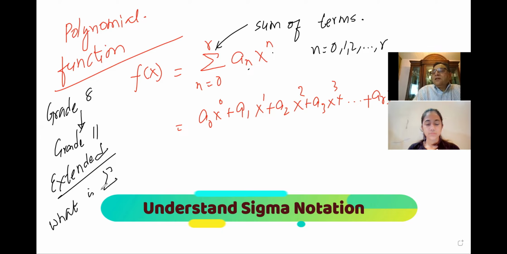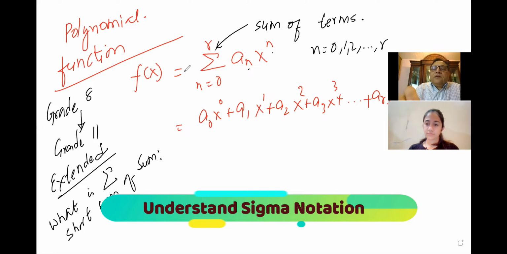You understand sigma? Sum, right? It is short form of writing sum. Sigma is sum, okay? It comes from the letter S only.